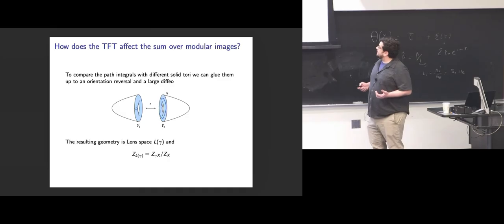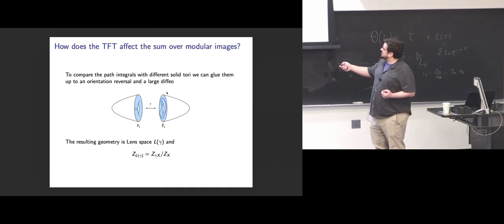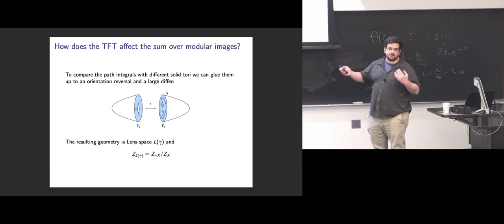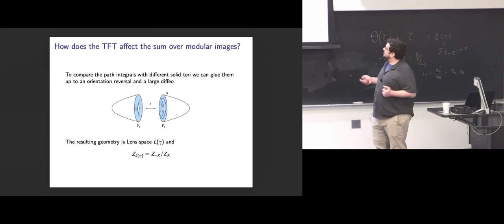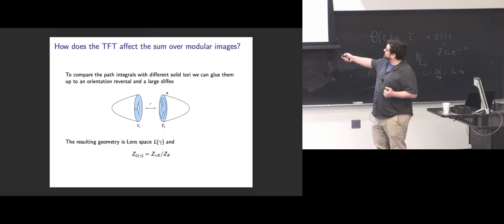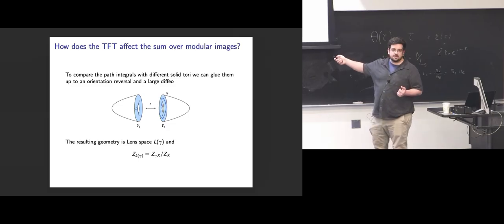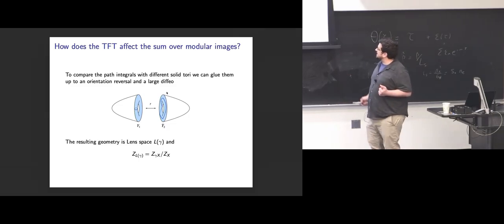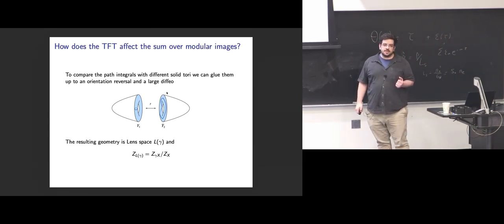If you want to know the relative partition function on a spacetime with a large diffeo gamma, relative to a spacetime without the large diffeo, to compare the contributions from different modular transformations, then you can take your two solid tori and glue them up with a modular transformation gamma. Then you compute the TFT partition function on this closed spacetime, which by the way is a lens space, and the partition function of the TFT on the lens space gives you the ratio of the answer. It tells you how the TFT partition function depends on the modular transformation.